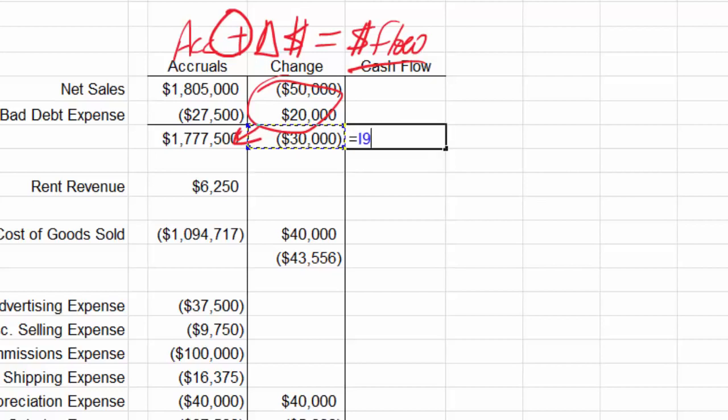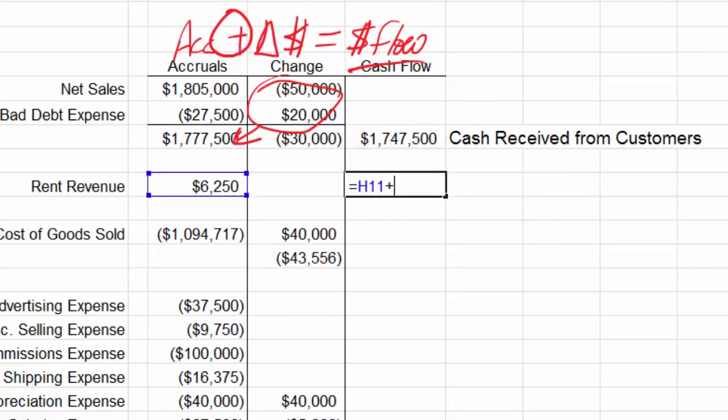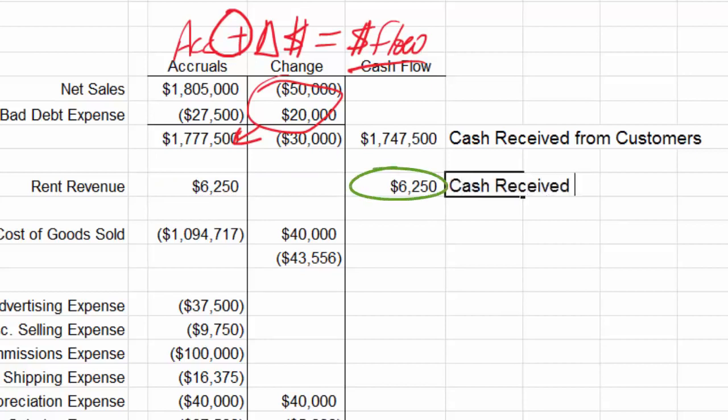So if I take the $1,770,500 plus that negative $30,000, this gives me my cash received from customers, or something similar. Let's see, rent revenue, $6,250 plus 0 means this is my cash received from rent.